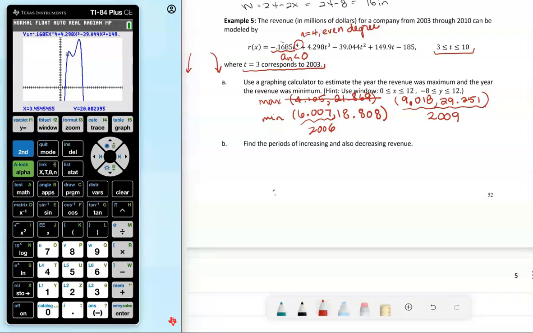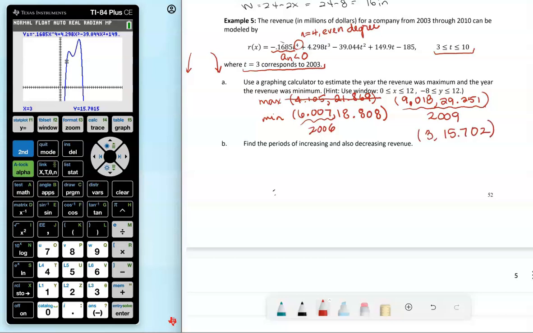If you wanted to get it exactly, you could go to table, or you could just type 3 on your keyboard, and your calculator interprets that as plugging a 3 into your function, and you get 15.702.